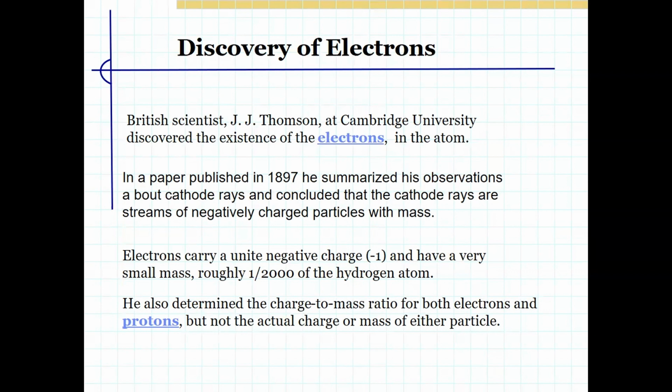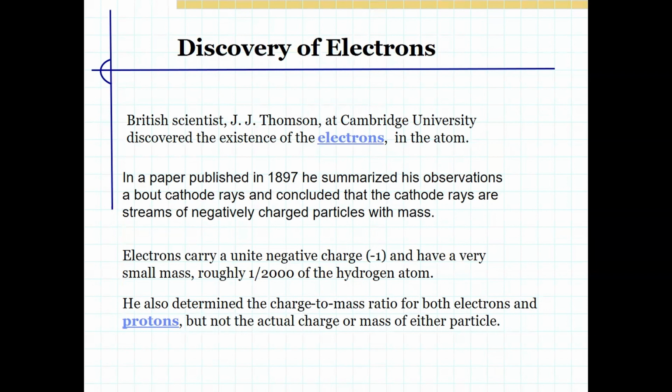The electron, now we know very well, is a negatively charged particle, which is very, very small, and its mass is smaller than the hydrogen atom, roughly about 2,000 times smaller as compared to the hydrogen atom.